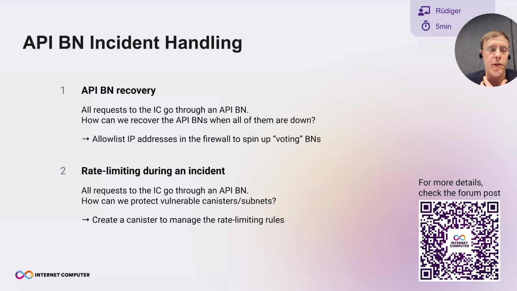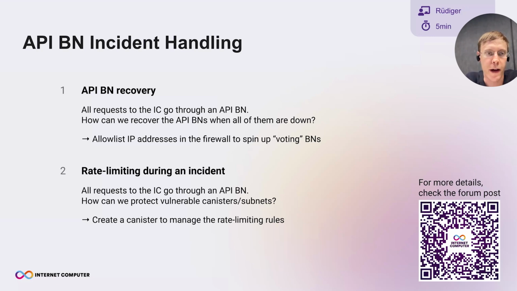You can also see the proposal as an extension of the existing security patch policy and procedure, which was adopted in March 2022 by the NNS, which back then did not yet encompass the API boundary nodes.